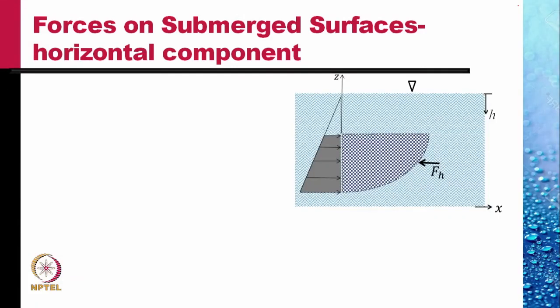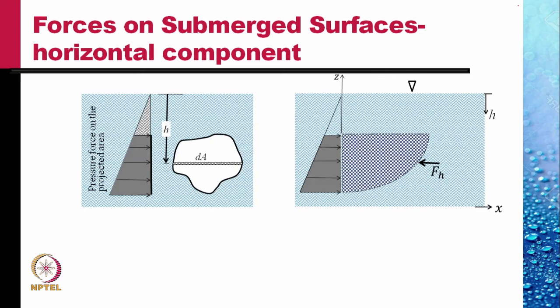This is the force we have already calculated. This surface is flat. So by the relation that we derived for the horizontal force on a flat vertical surface, this force is equal to the pressure at the centroid of this plate times the area of this vertical flat plate.